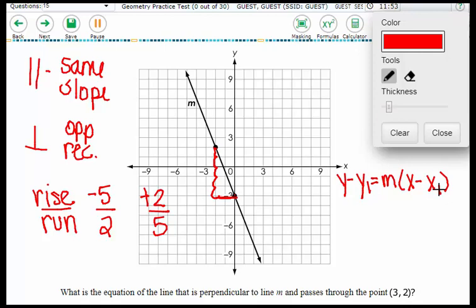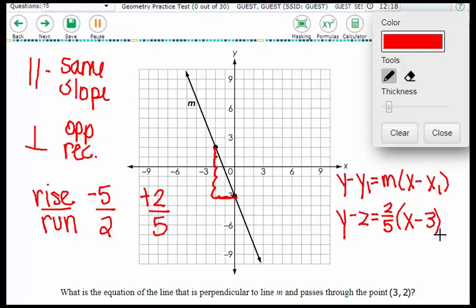It may have been a while since you've seen it though. What we can do is plug in the point that we have. So here would be our y1. So y minus 2, m stands for slope, so our slope that we're going to use is the perpendicular one, 2/5. x minus, and then our x1 is a 3.